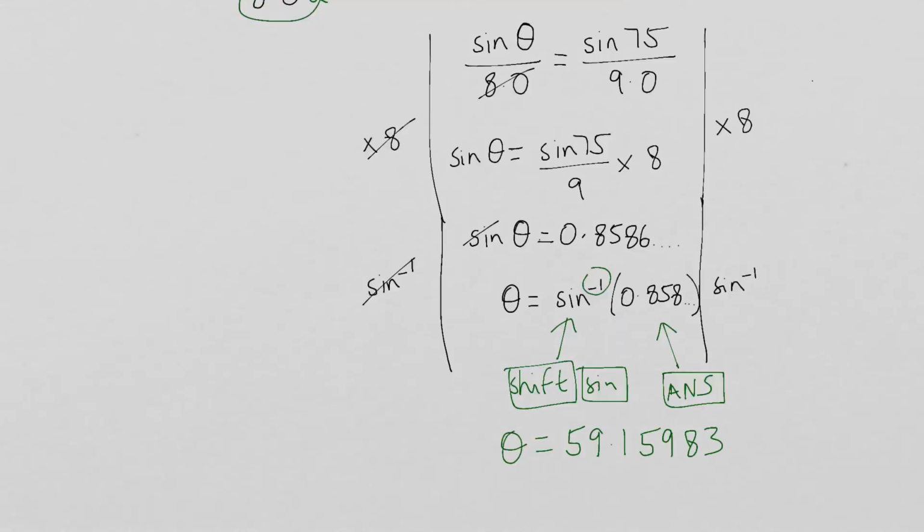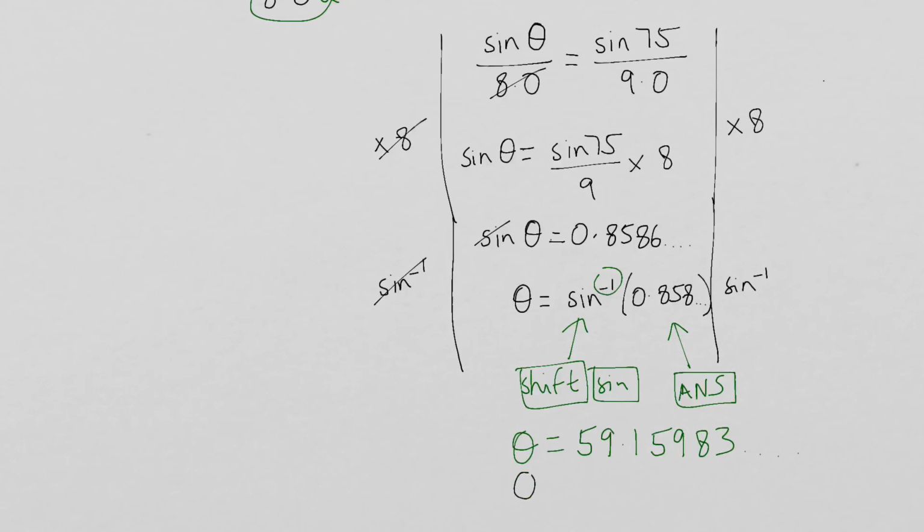So your answer comes out as 59.15983, and it kind of goes on. But if we write it to one decimal place, which is reasonable in this sort of situation, it will be 59.2 degrees. So that's how we calculate a missing angle. Go on to watch the rest of the video to try an example for yourself.